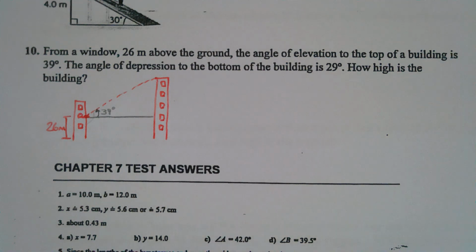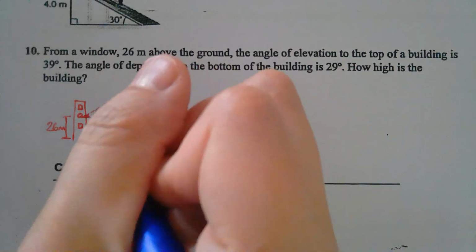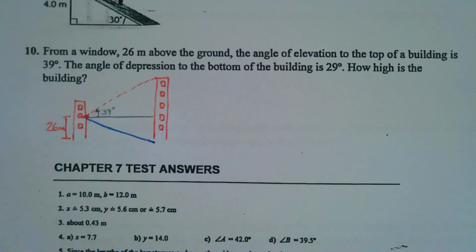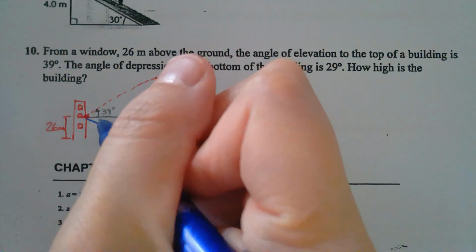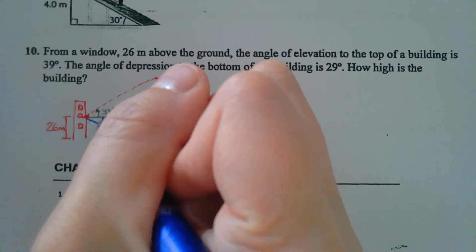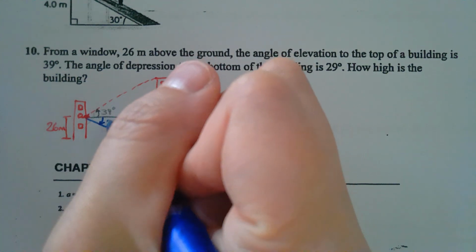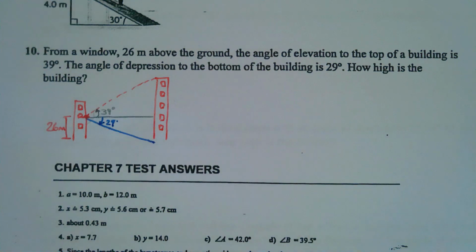Angle of depression to the bottom of the building. Right here. Same thing. You're looking straight and then looking down. That angle right there is 29 degrees. Okay.